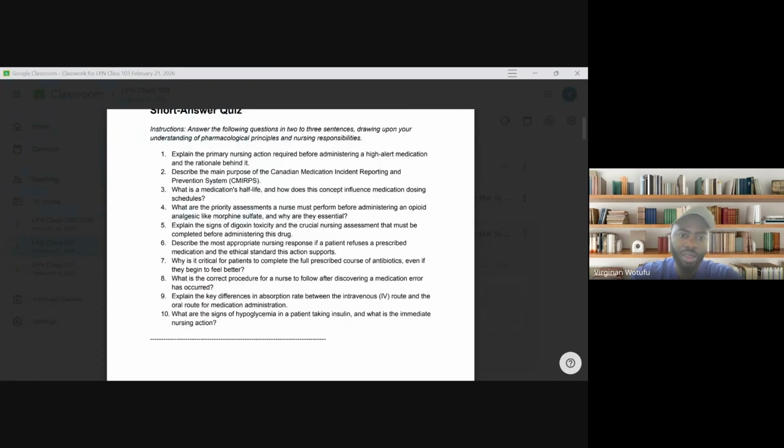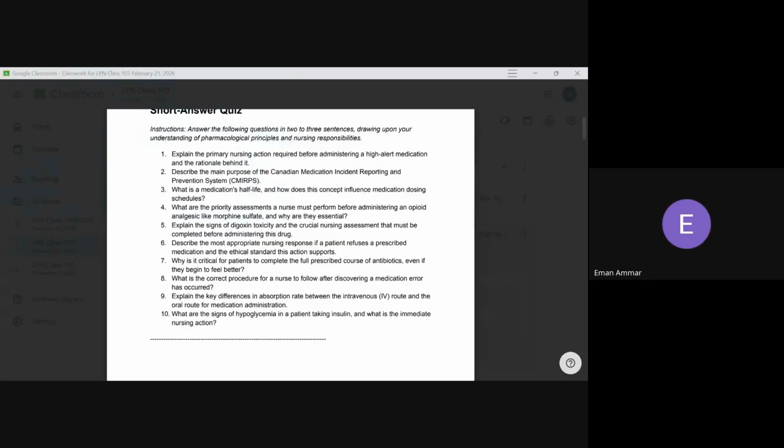Our third on the list: what is a medication's half-life and how does this concept influence medication dosing schedules? And what do we understand by medication's half-life? This is the time taken for the body to eliminate 50%.